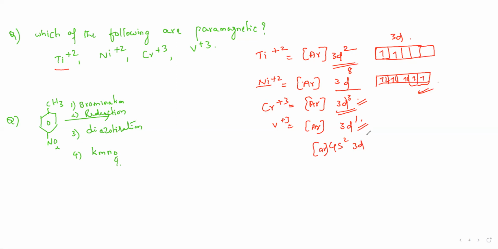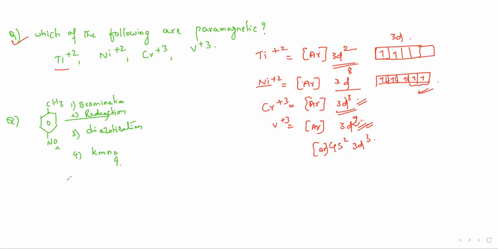So 3d3, in that we are removing 3 electrons, so that it will be having 2 electrons. So it is also paramagnetic. Yeah, so all will be paramagnetic in nature.